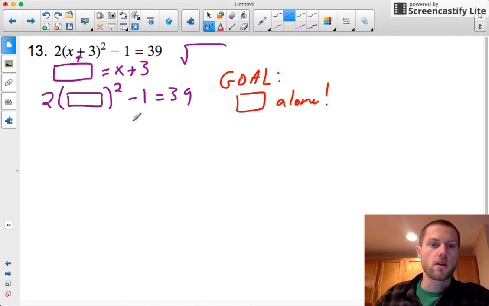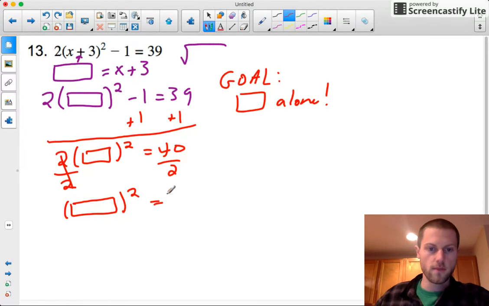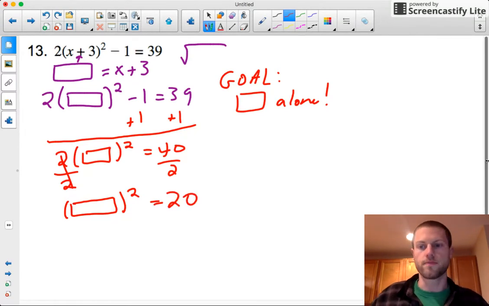So let's do that first by adding 1 to both sides. We want to isolate this box squared. So I've got 2 times my box squared equals 40. Let's next divide both sides by 2. So now I have gotten my box squared, and that's going to equal 20.